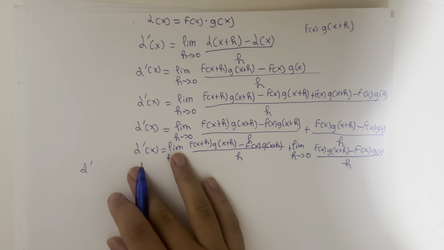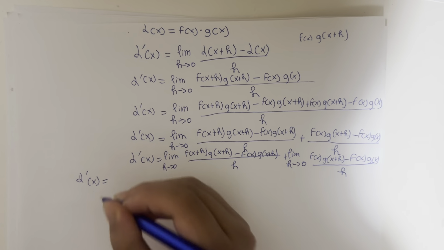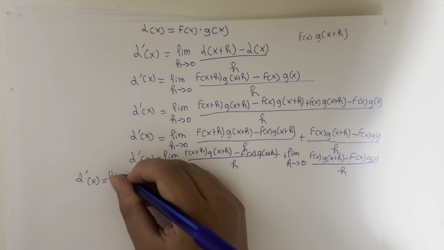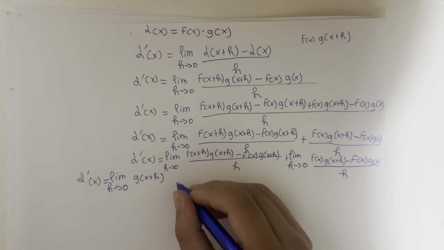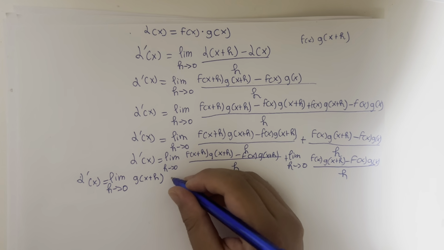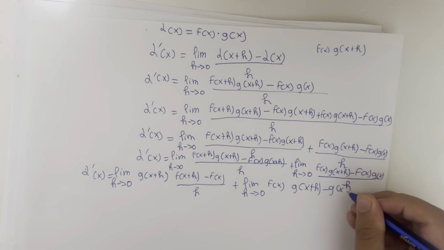So we have L prime of x is equal to the limit as h goes to 0 of, we're factoring out g of x plus h now, so we have g of x plus h times f of x plus h minus f of x over h. And then we're going to add to that the limit as h goes to 0 of, we're factoring out f of x, and then we have that times g of x plus h minus g of x divided by h.